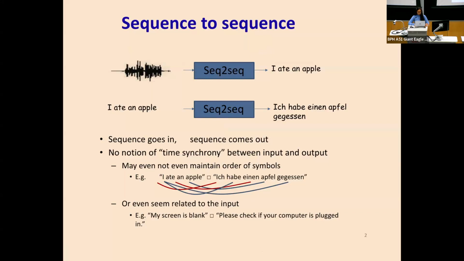An example of not having order synchrony is the second example which you see on the screen, in which you translate an English sentence, I ate an apple, to a German sentence, Ich habe einen Apfel gegessen. Here, if you notice, ate is actually the second word in the English sentence. But when it comes to German, it's a combination of habe and gegessen, which is not necessarily in the same position that it occurred in the input sequence.